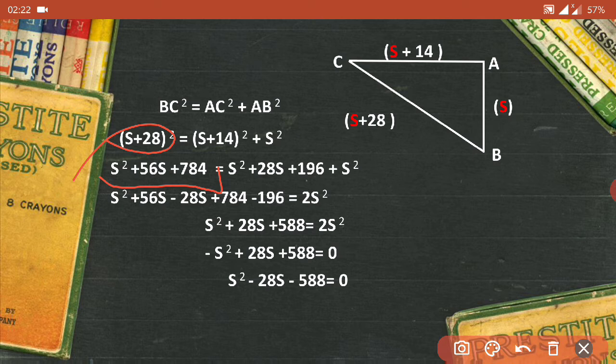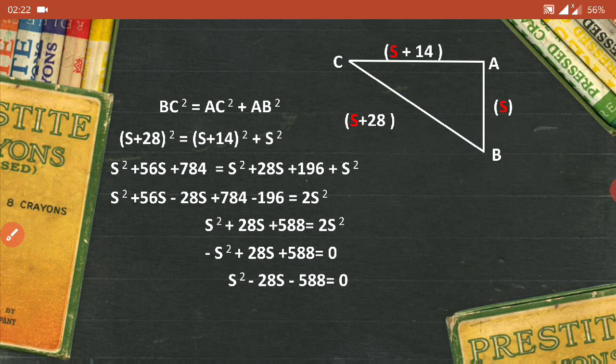Similarly, here S plus 14 square is also there, which expands to S square plus 28S plus 196. And then finally this S square is written as it is.